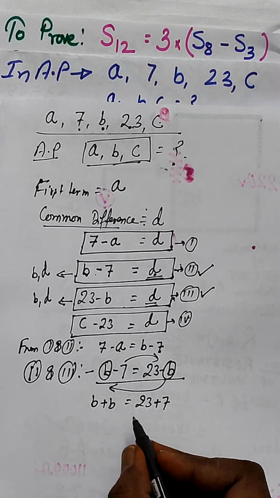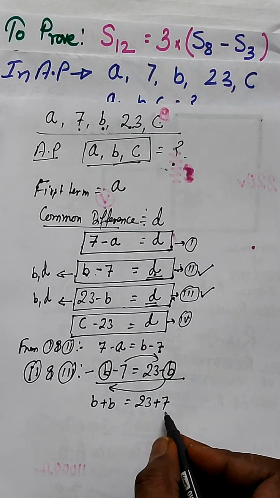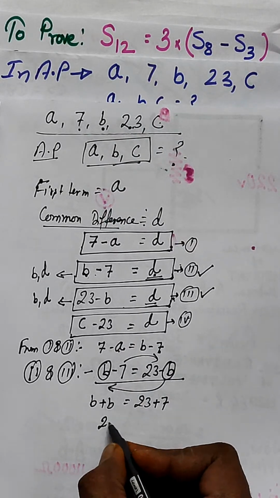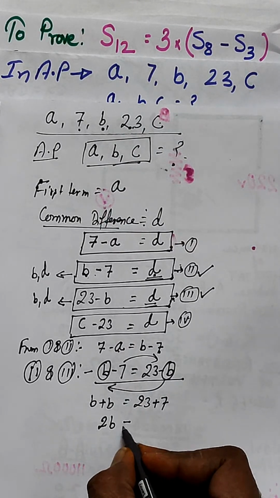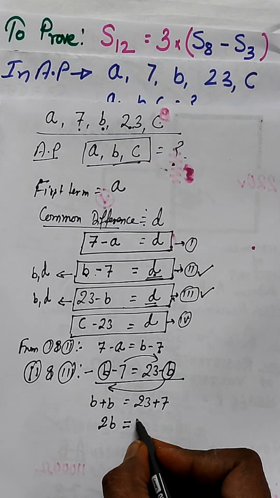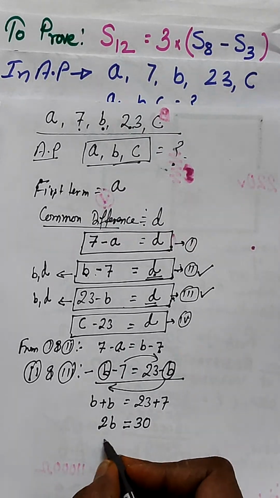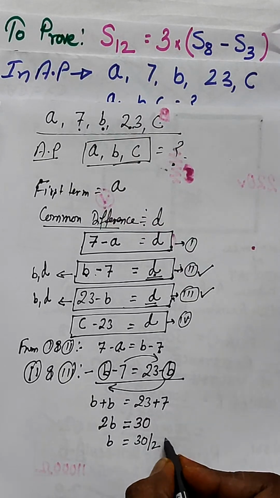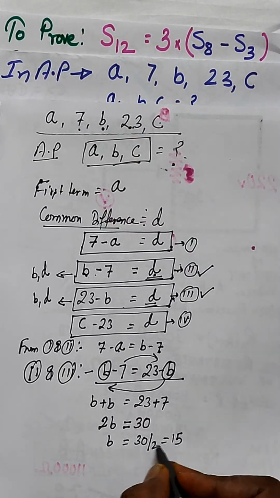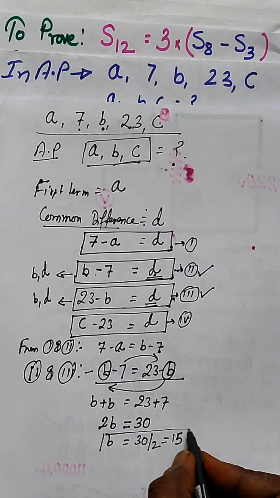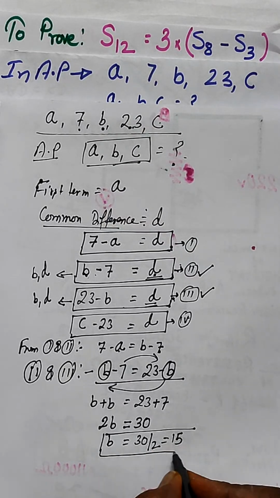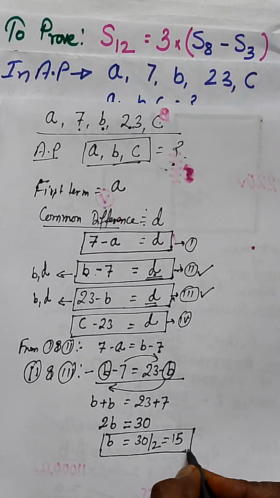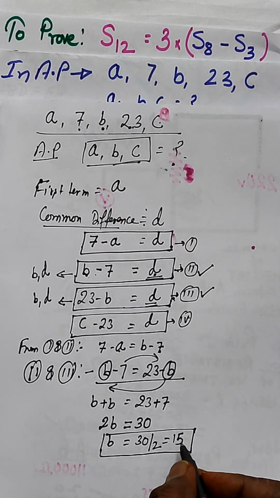So B plus B equal to 23 plus 7, or we can say 2B equal to 23 plus 7, that is 30, and we get B as 30 by 2, which comes as 15. Just divide 30 by 2. So 30 by 2 equal to 15 is the value of B, right? So the value of B is calculated over here.